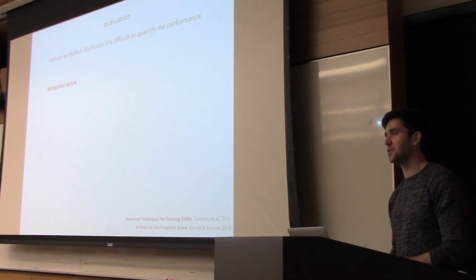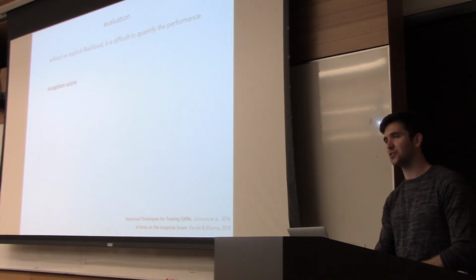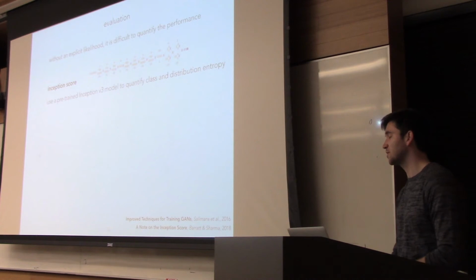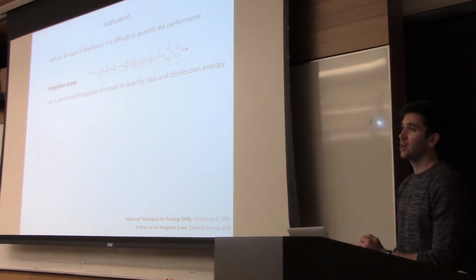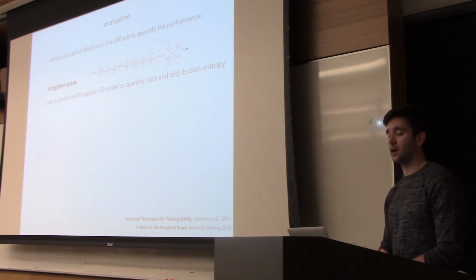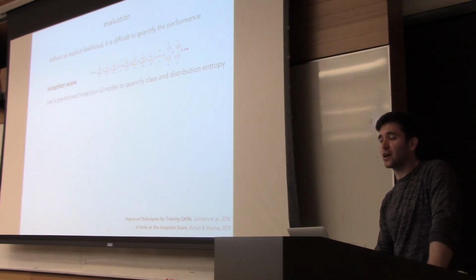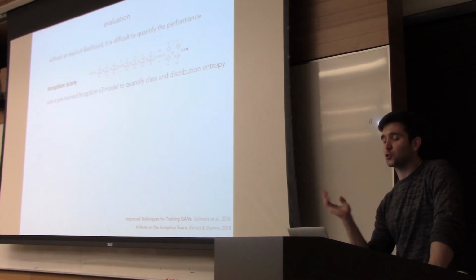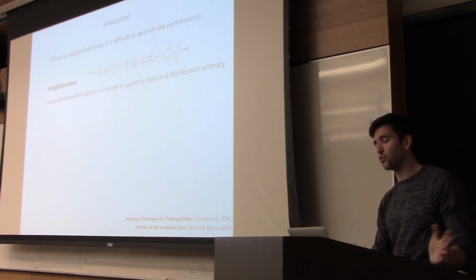And one method that people have proposed recently is this thing called an inception score. It's a really fancy term, but it just means that you take one of these inception models that's been trained on ImageNet, and you quantify the class distribution entropy of what you generate.